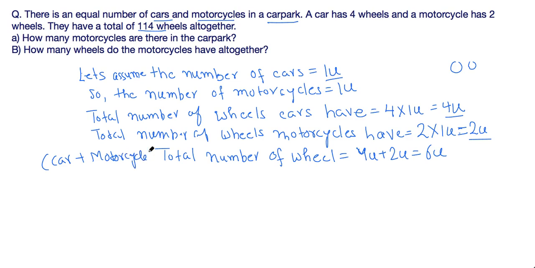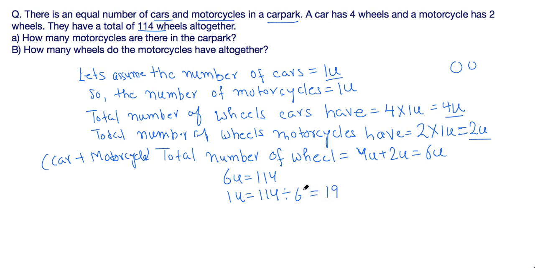Now since it's given in the question that the total number of wheels is 114, we can easily say that 6 units is equal to 114. So how much is 1 unit? It is 114 divided by 6, which will give you 19.